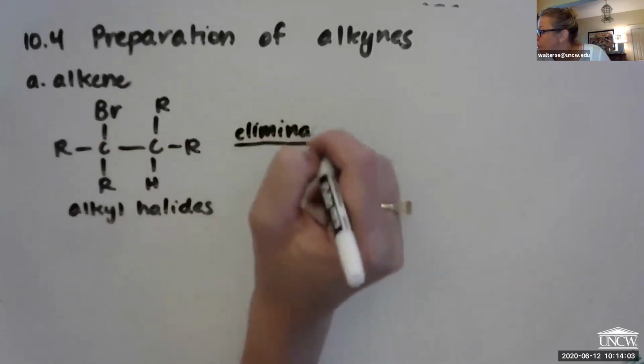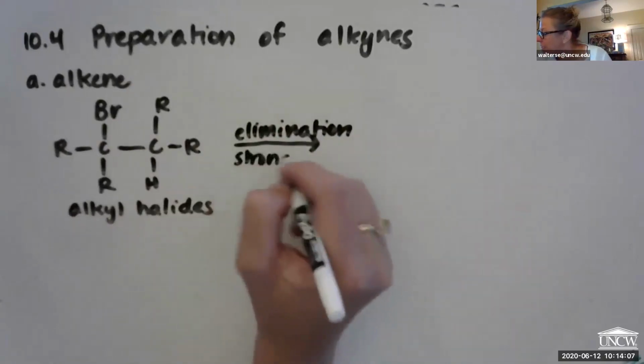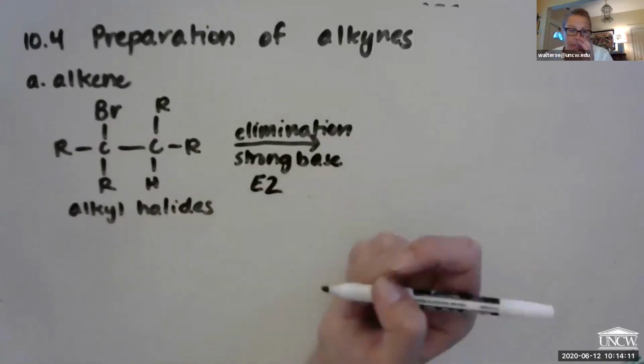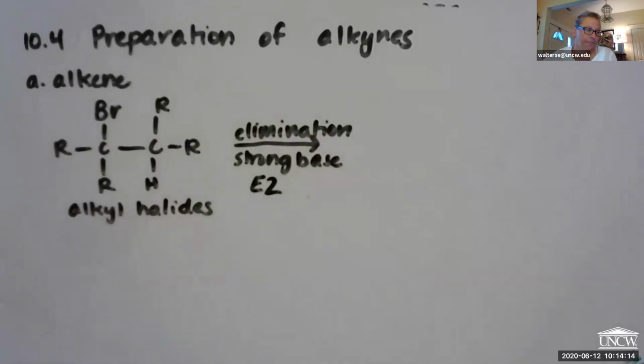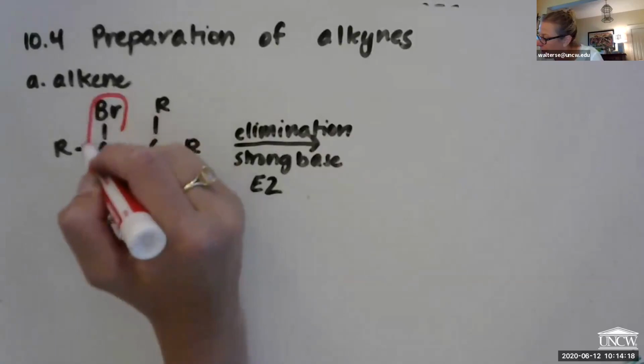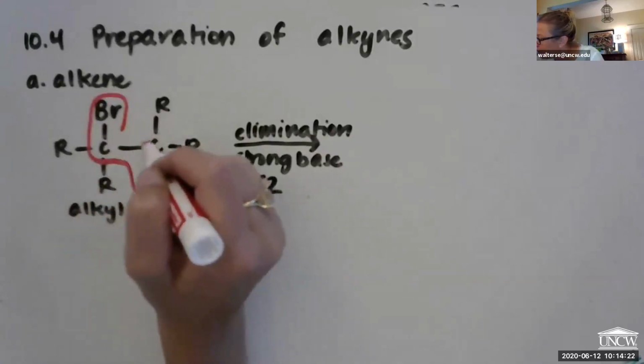And if you want to be sure that you only do elimination, you would use a strong base to force E2. E2 would require a 180 degrees dihedral angle.